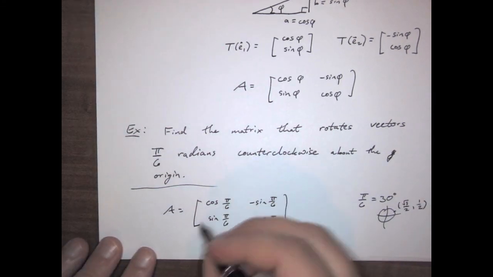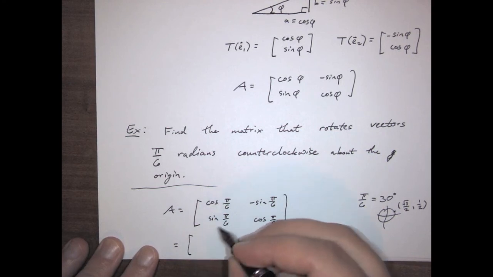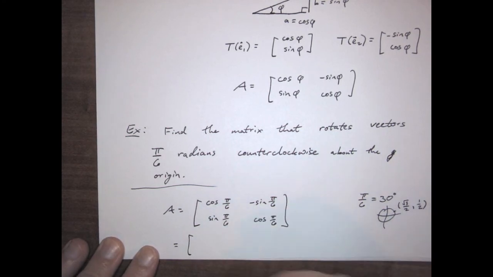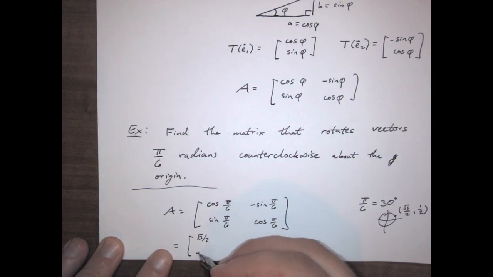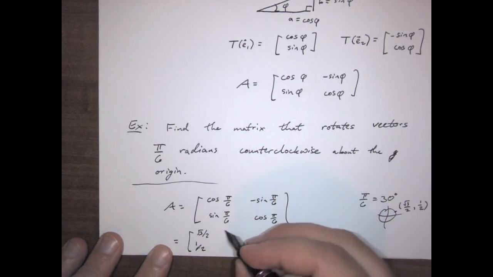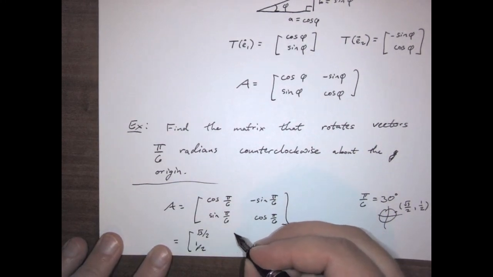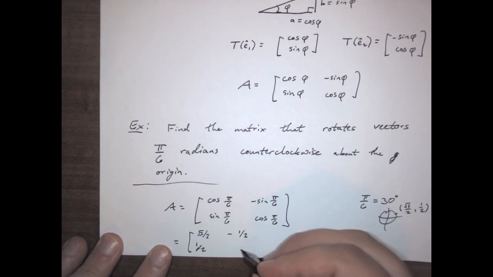And so we can plug those all in. Cosine, which is the x-coordinate, is root 3 over 2. Sine, which is the y-coordinate, is 1/2. And then we have the same, but swapped and opposite. So this is negative 1/2, and this is root 3 over 2.